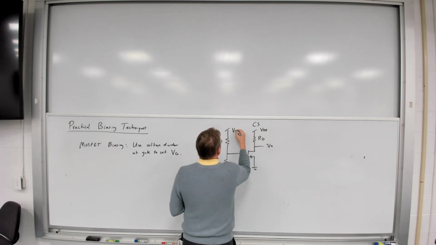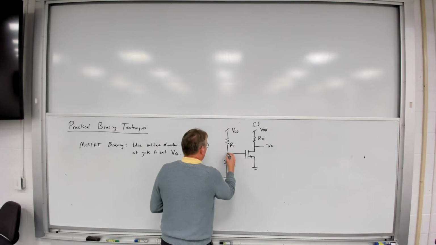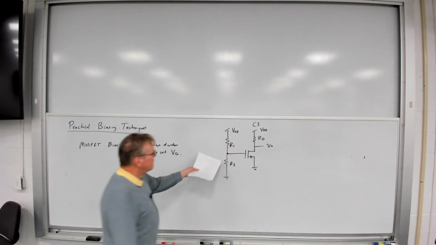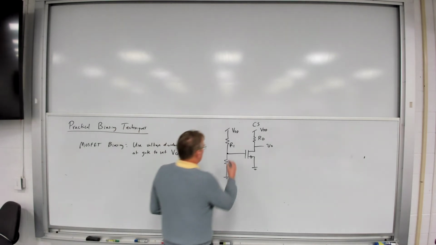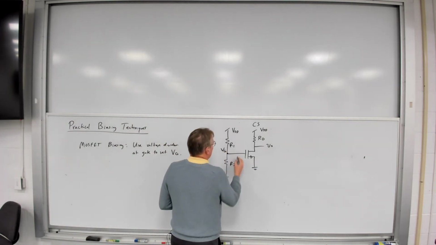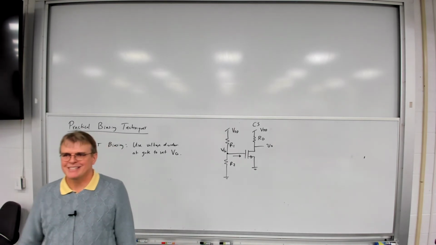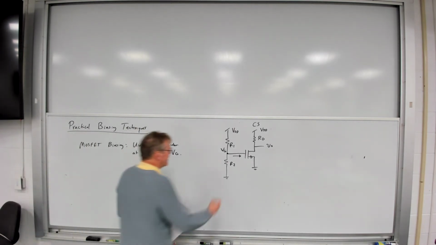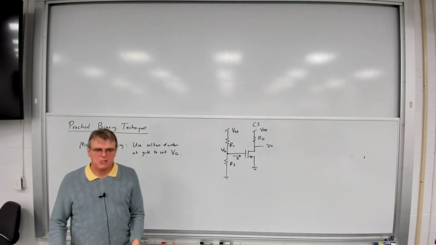And in this case, I'm going to have resistor R1 and R2, and VG is just going to be set by that voltage divider. What's the current going into the gate of that transistor? 0. Makes it easy. So that's an easy calculation to find VG.